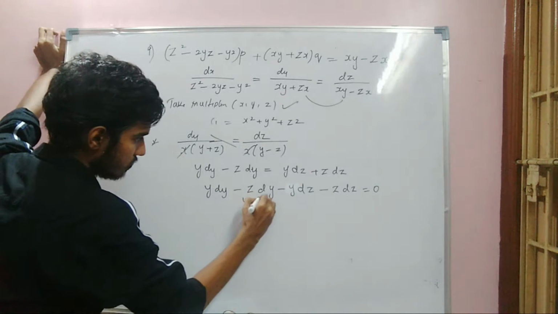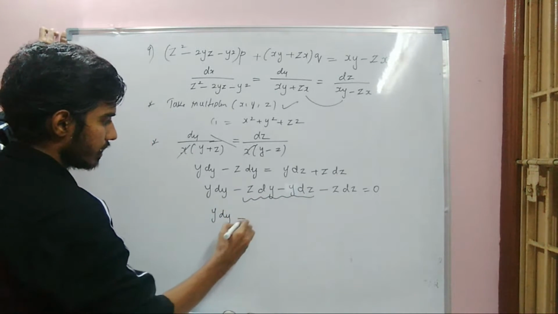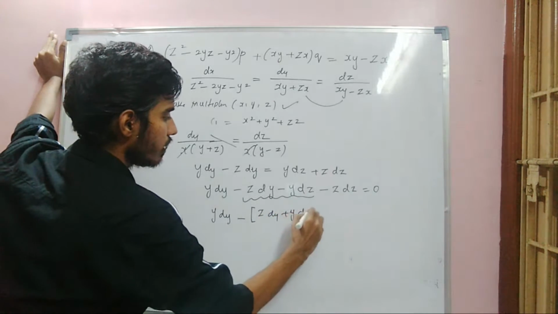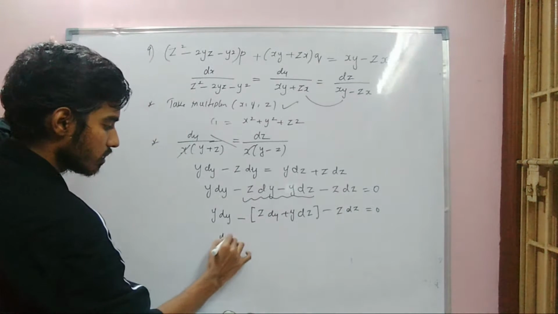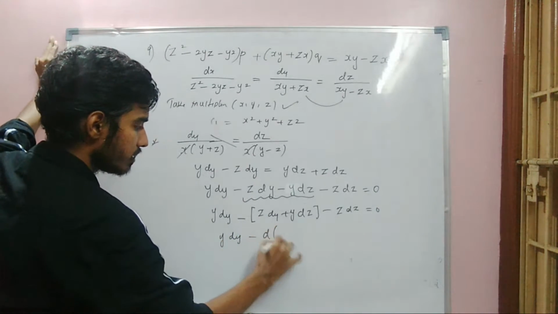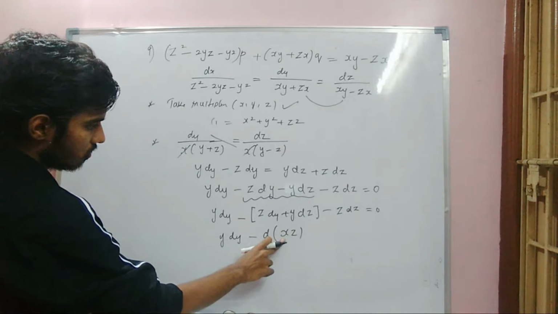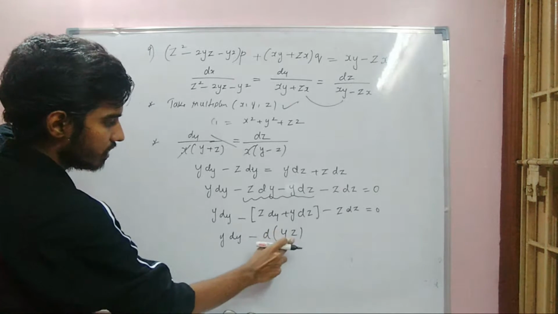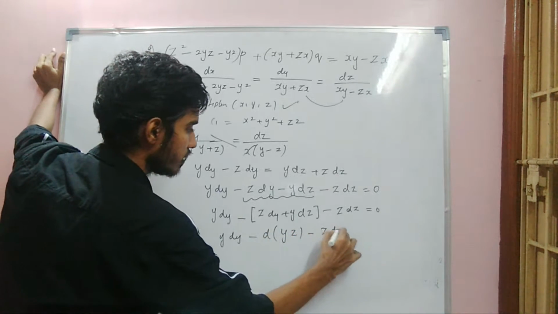Now I can write this entire term as y dy minus d of yz, y into dz plus z into dy, minus z dz.